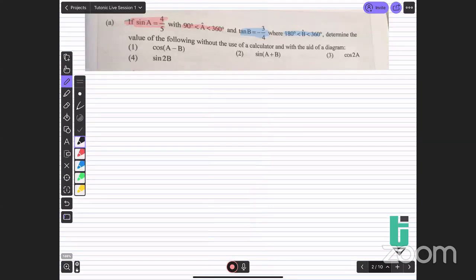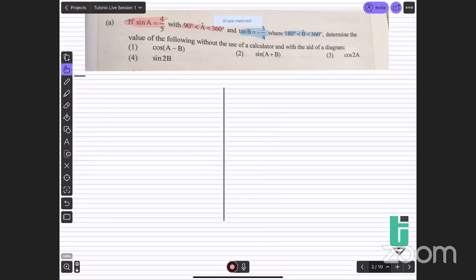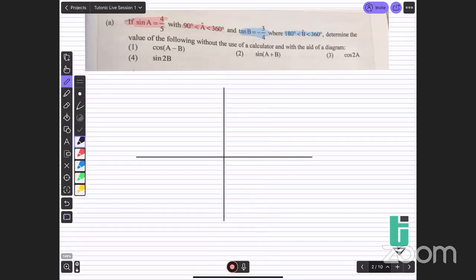Which quadrant are we dealing with? Anybody want to tell me? Second and third. And you must explain to me why you say that. They say that A must be more than 90, which means second quadrant, and A is also less than 360, which cannot be in the fourth.